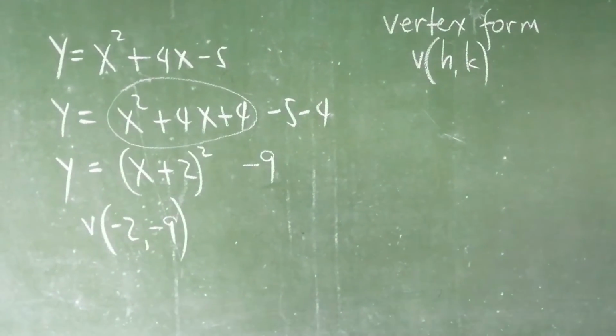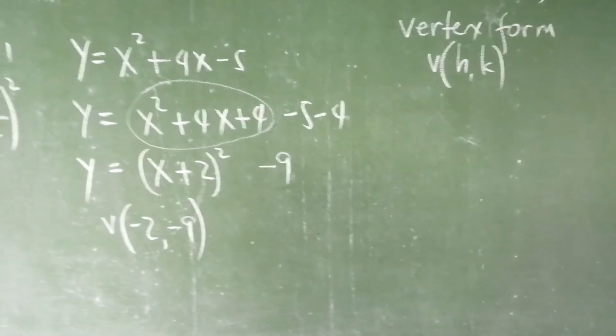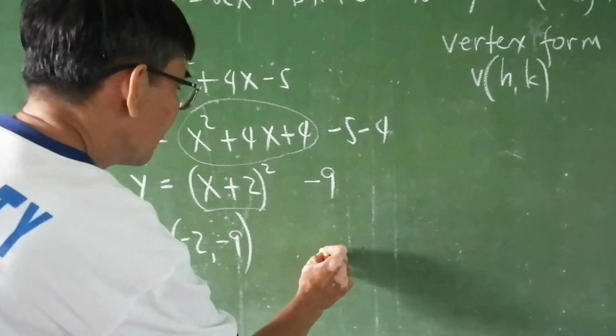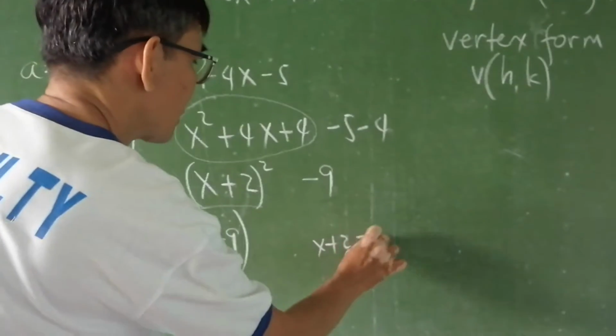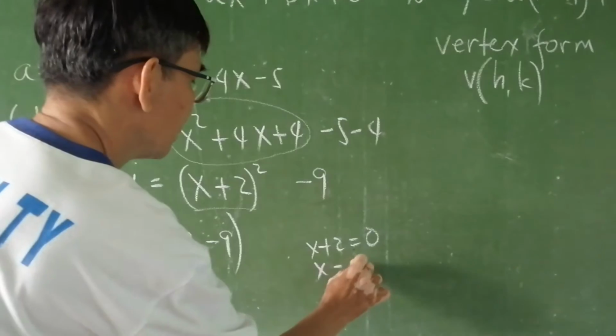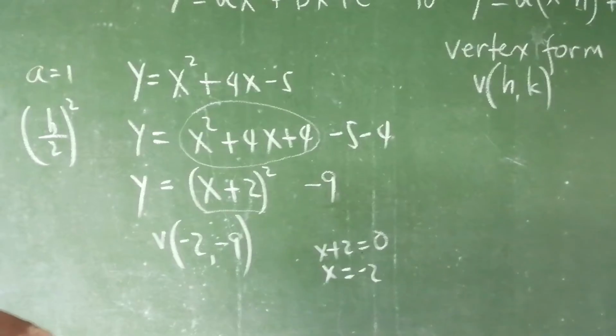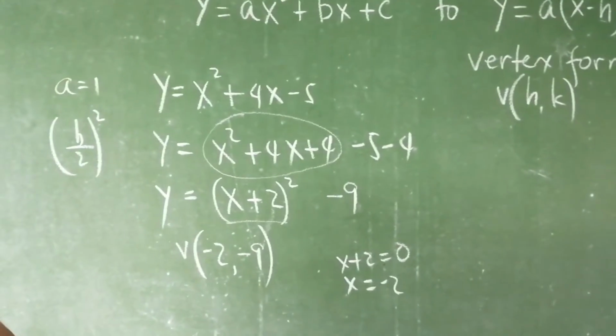So that's the vertex. At the same time, you can have the axis of symmetry. That is x plus 2 equals 0, or x equals negative 2. That is called the axis of symmetry.